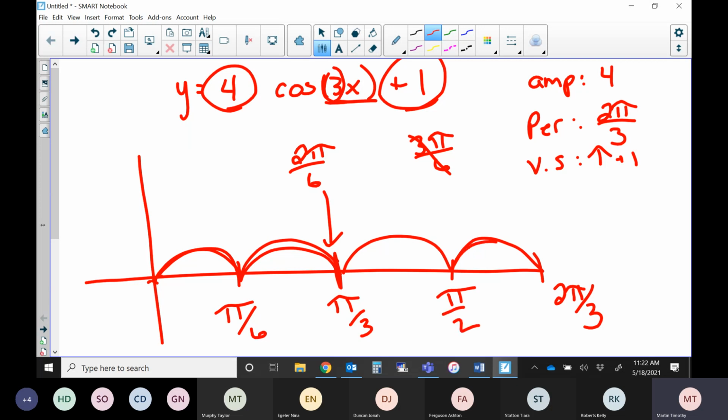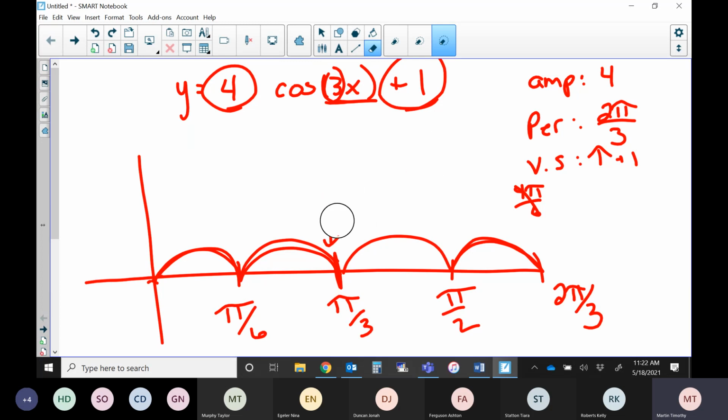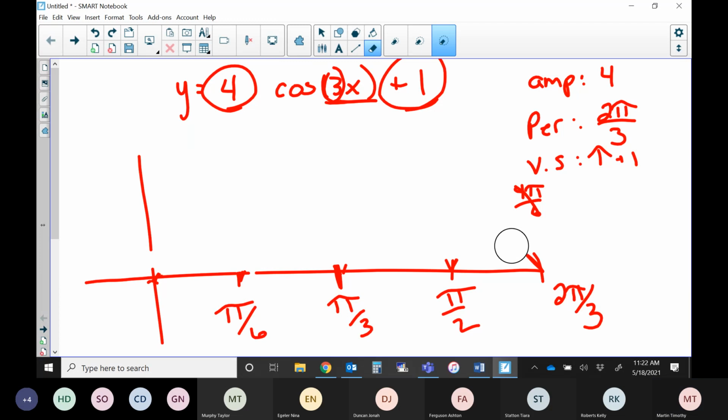And if we added another one, this would be 4 pi over 6, which reduces by 2 and turns into 2 pi over 3. So there's how I use fractions to figure out all the x values on my x axis. Does that make sense on how I broke this period up into where the max is going to hit, where the min is, and where it's going to hit back?